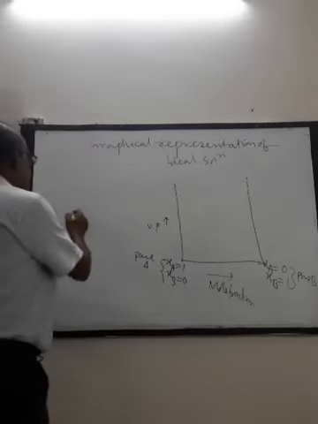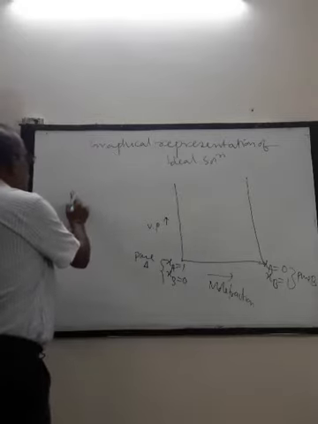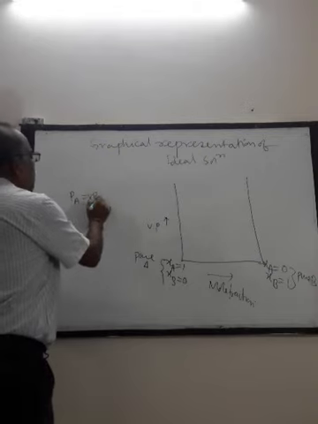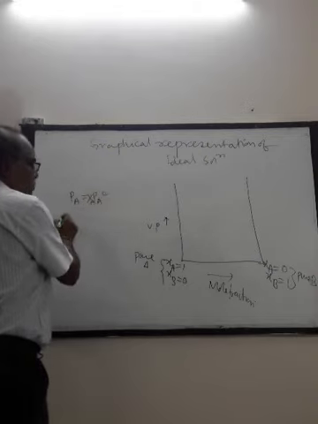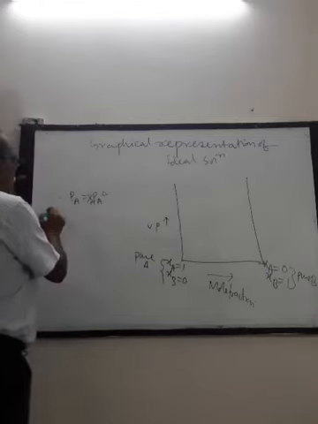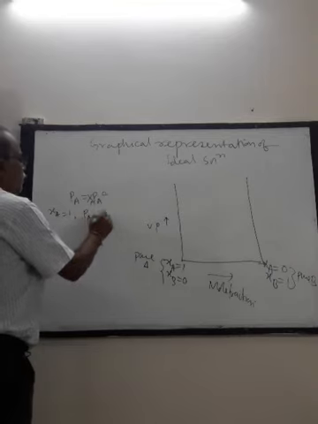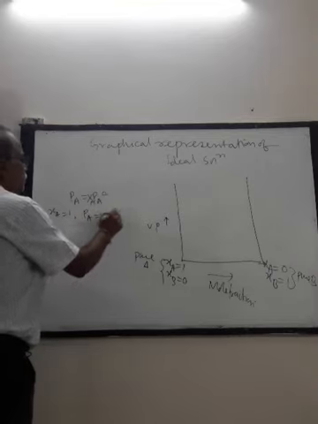Now we know that PA equal to XA PA naught. So when XA equal to 1, then PA equal to 1 into PA naught, that is PA naught.